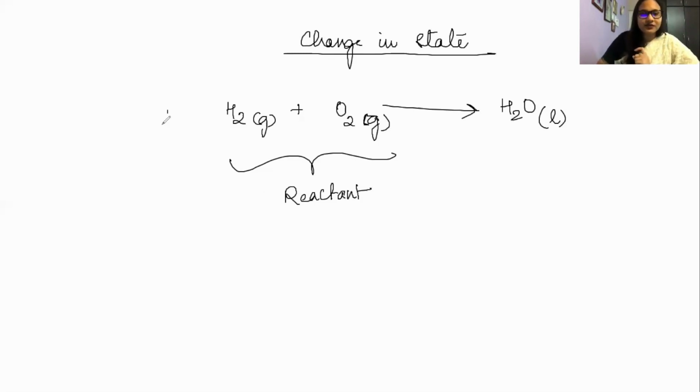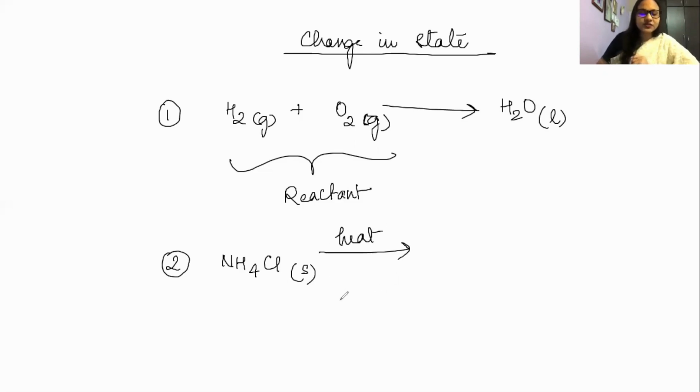Another very important reaction is the one where you see sublimation of ammonium chloride. Ammonium chloride, the formula is NH4Cl, is a white colored powdery solid. On heating ammonium chloride, you all know sublimation is the process by which a solid directly converts to gas.